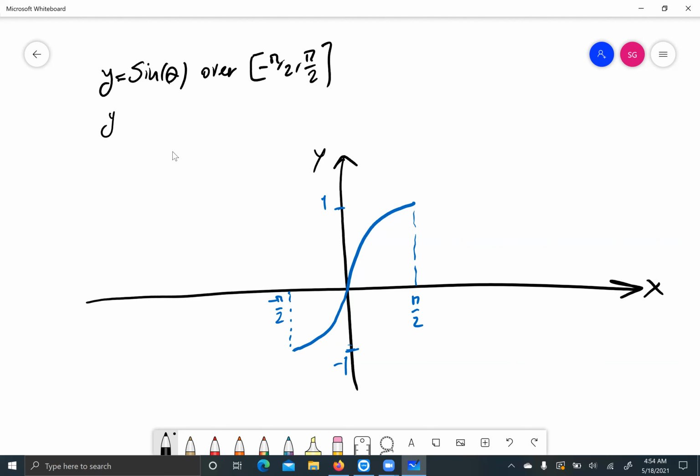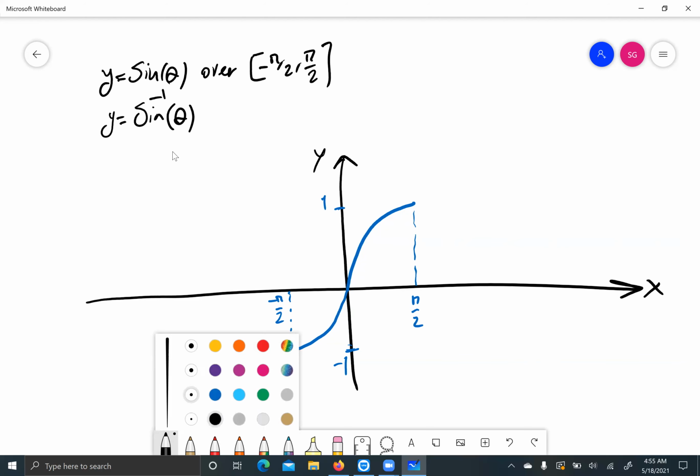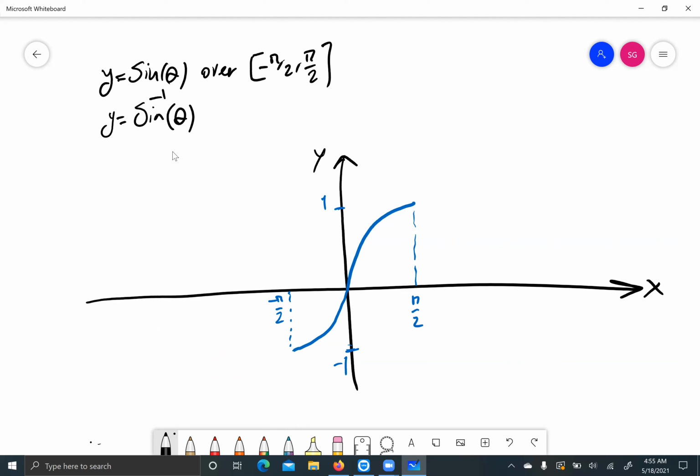So we define the inverse function, sine inverse. Let's first look at it graphically. Recall that if two functions are inverses, then their graphs are symmetric with respect to the line y equals x.